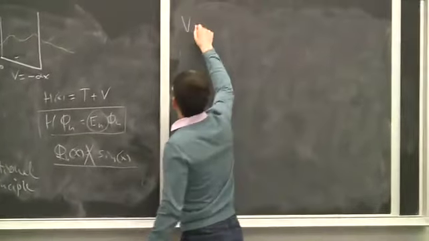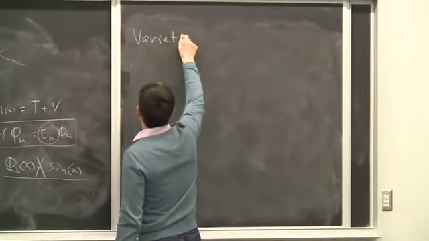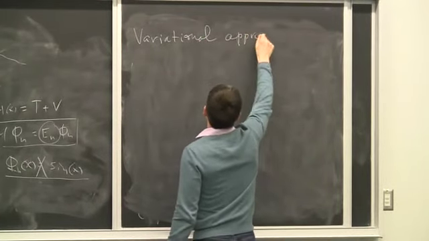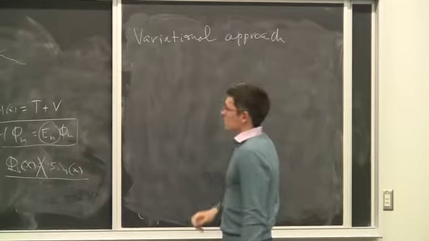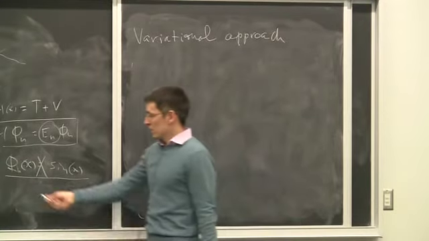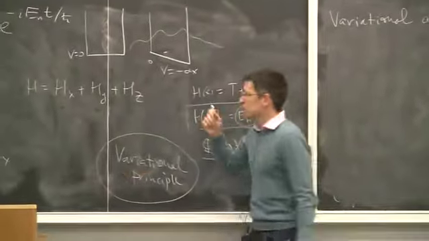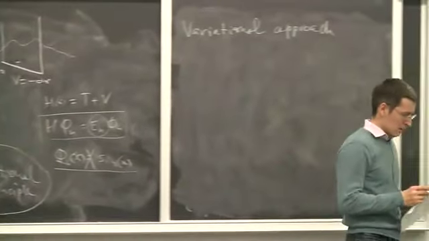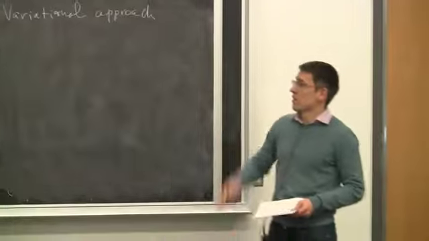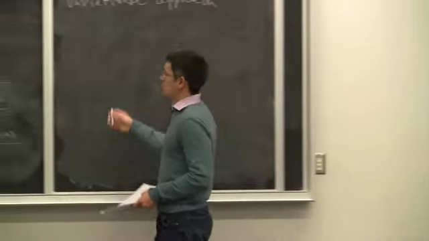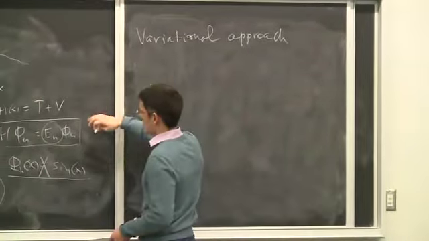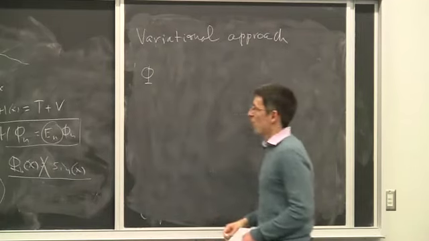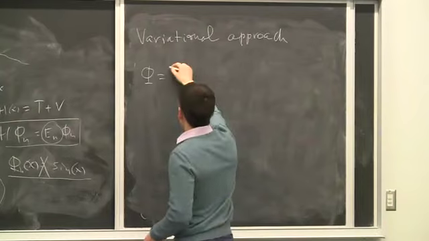So today we'll talk about the variational approach. That's a technique based on the variational principle, or on this theorem, essentially. What this theorem allows us to do is construct approximations.